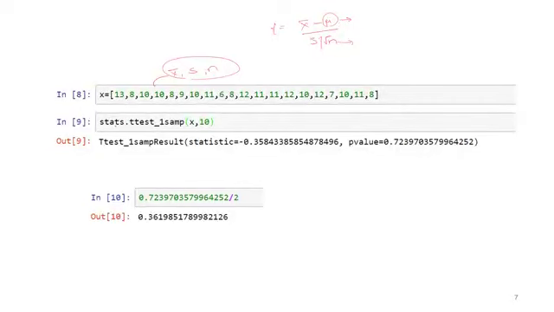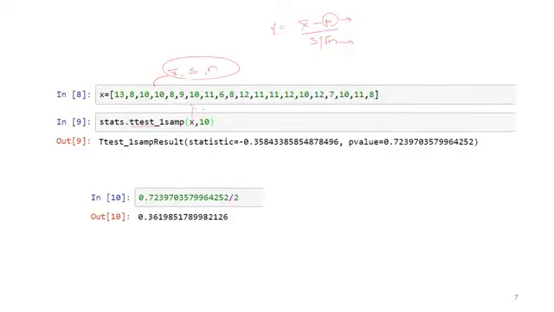In the stats library, I will use this particular function, t-test underscore one sample. Whatever we are doing, we are considering only one sample, and that one sample we are using to infer about the population. So here we are saying t-test underscore one sample.